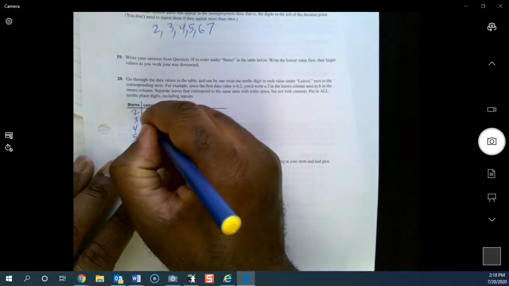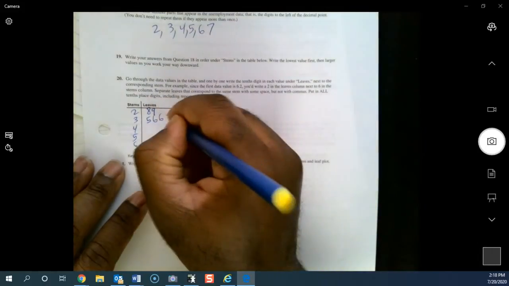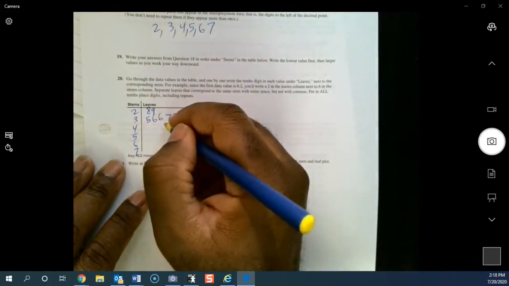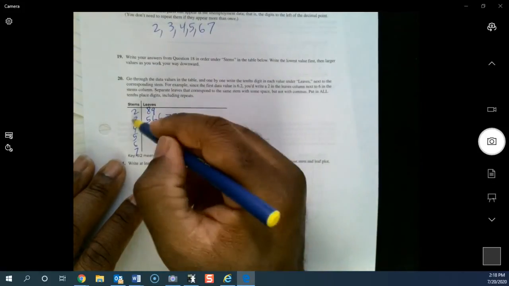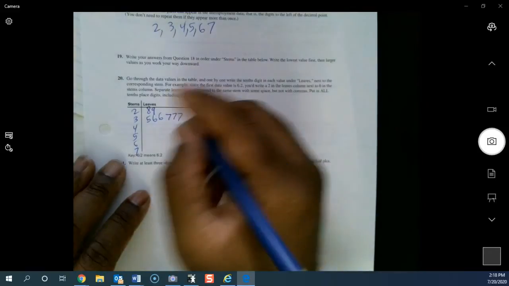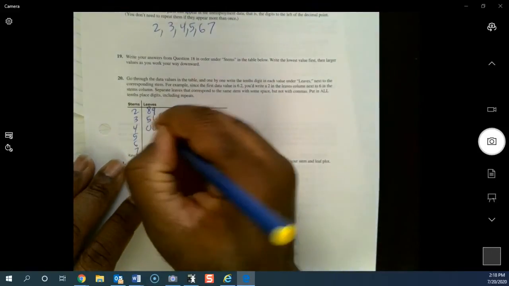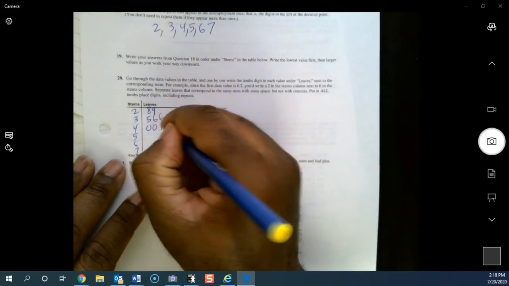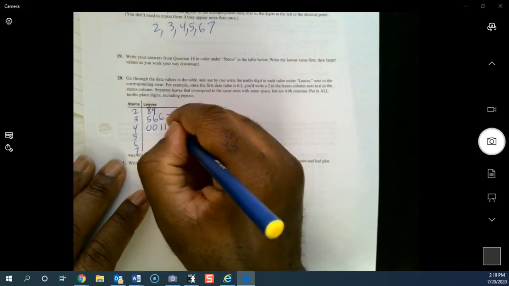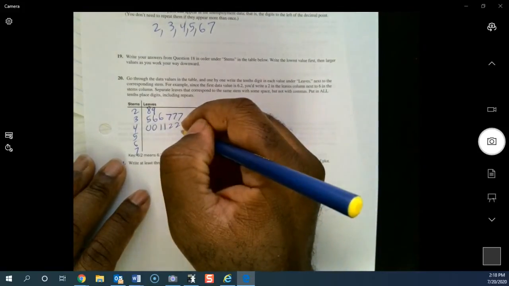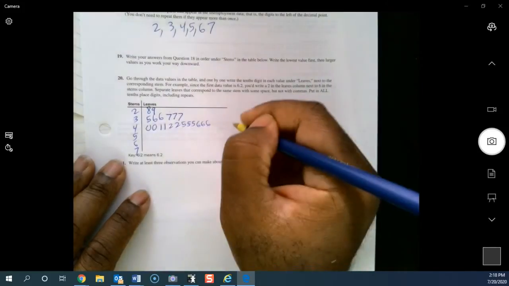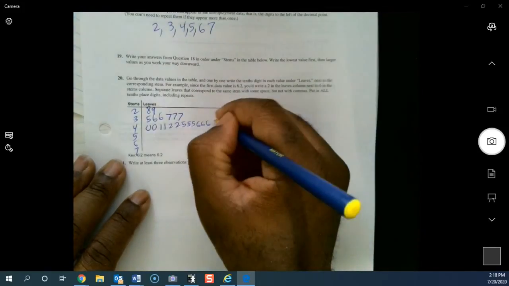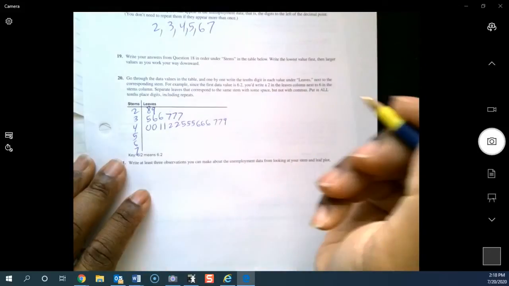So this would be 5, 6, 6, and then 3 7s for the 3s. That's the same as saying 3.5, 3.6, 3.6, 3.7, and so on. Now for 4, you add 2 zeros, 2 1s, 2 2s, 3 5s, 3 6s, 2 7s, and a 9.